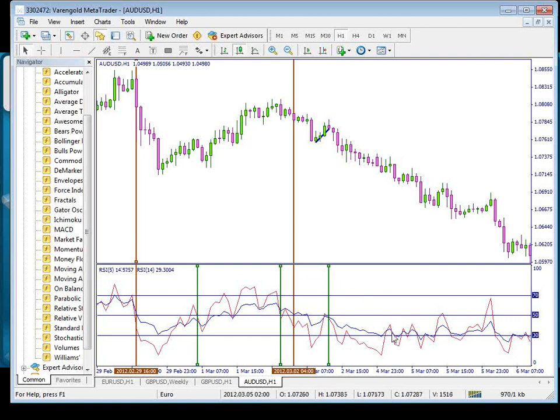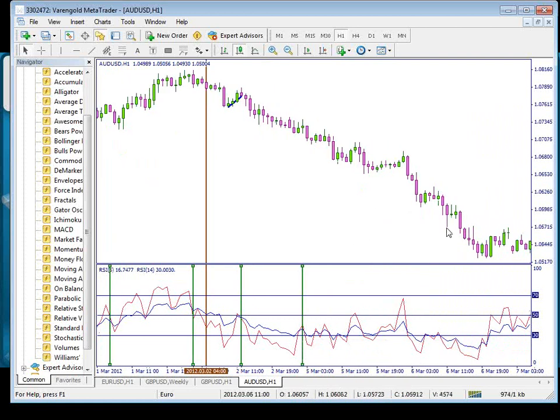When it is between 50 and 30, as it is here, the signal is not so strong, so we are not so sure that we will have this sell position for a long period.